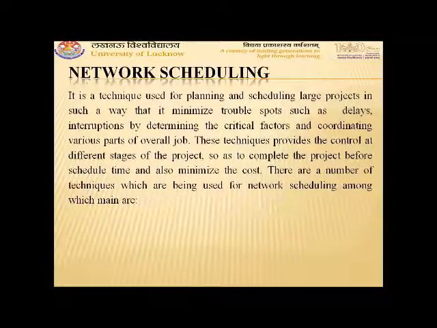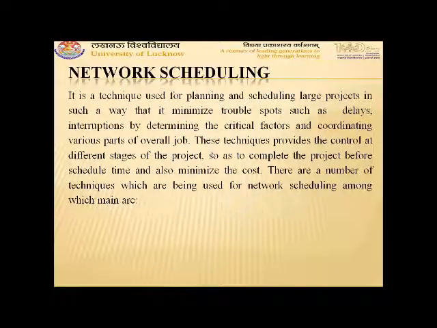So the basic purpose of network scheduling is to minimize the cost and time as well as to determine the trouble spots. But determination of trouble spots is not the scope of this lecture. So we will discuss how we schedule the activities and minimize the time or cost so that the project completes within that time.